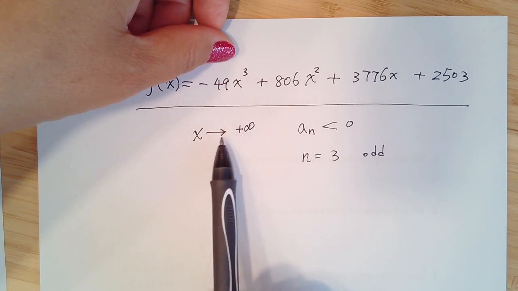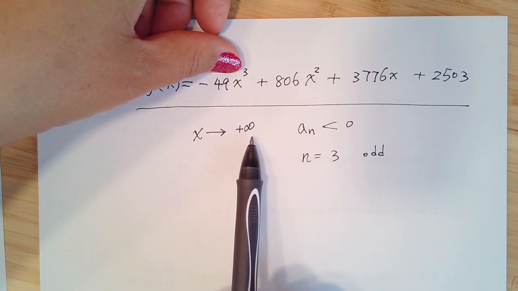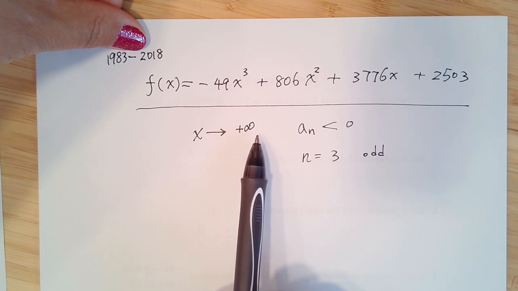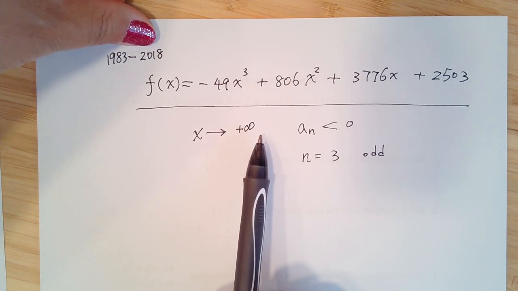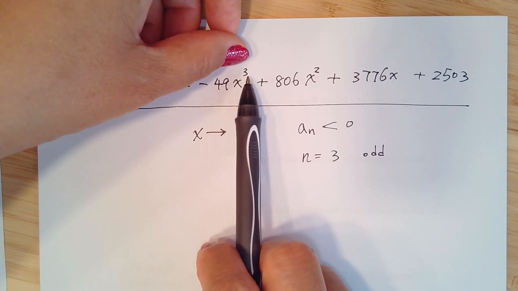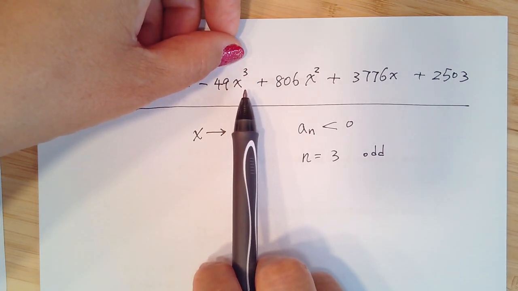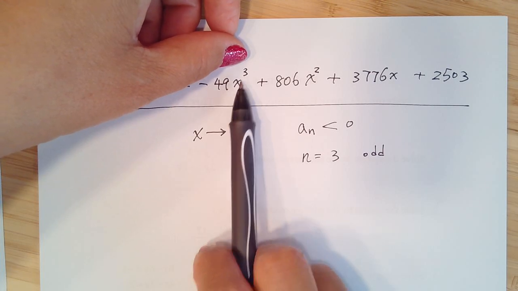So when x becomes a huge positive number, when x keeps going, not only stopping at 2018, but like a million years later, this is going to be a million to the third, which is a million times a million times a million. I couldn't even say that, but it's huge.